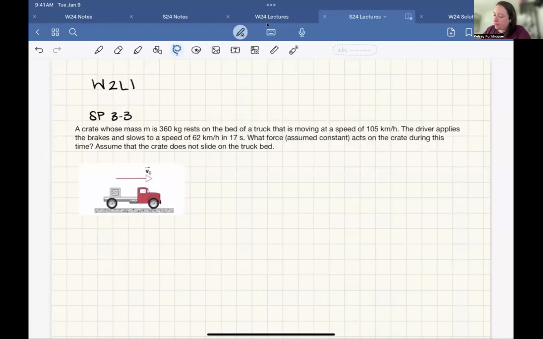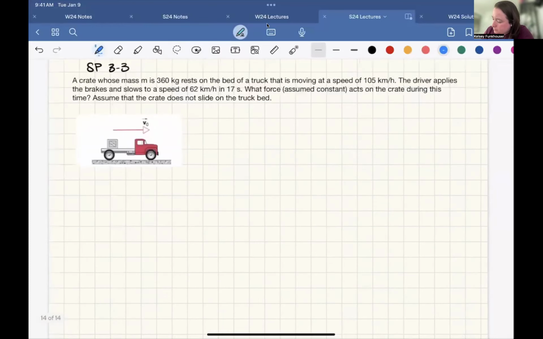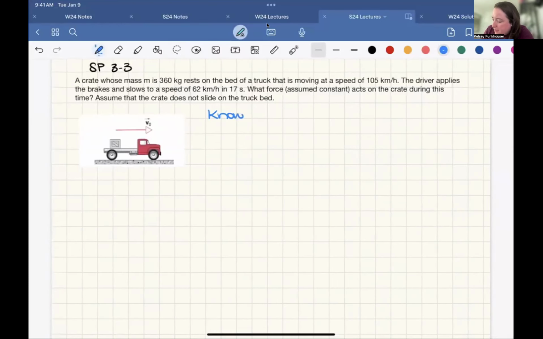Okay, we're going to start out with our knowns. Here's a picture of the truck with the crate. So, what do we know? We know the mass of the crate is 360 kilograms. We know the initial velocity of the crate and the truck is 105 kilometers per hour.